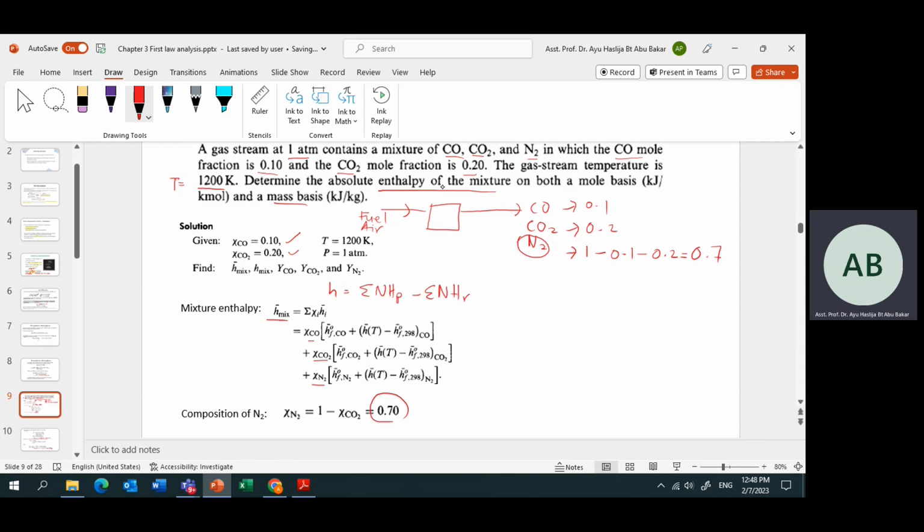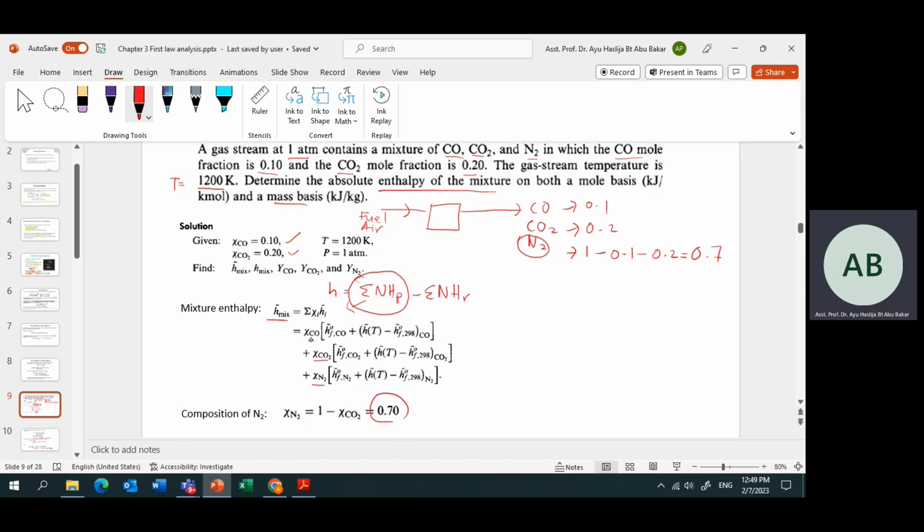It asks for enthalpy of the mixture. So mixture only. So we find out what is the mixture of the product, the enthalpy of the mixture in the product. Now this H mix is the enthalpy of the mixture, equivalent to total enthalpy of the products.